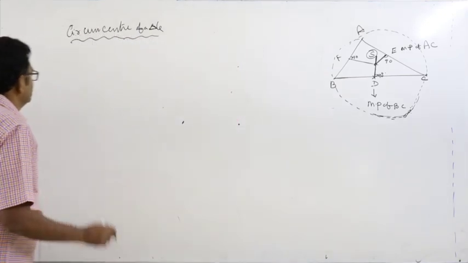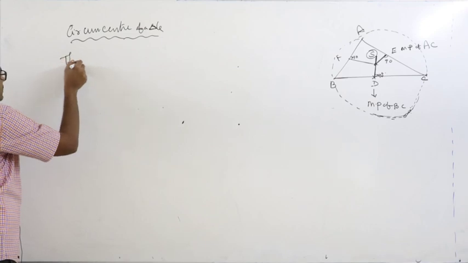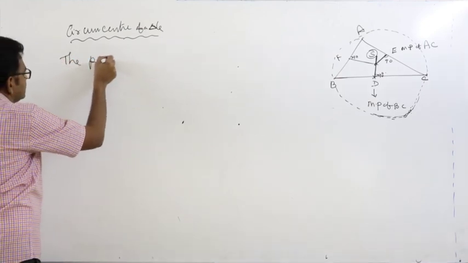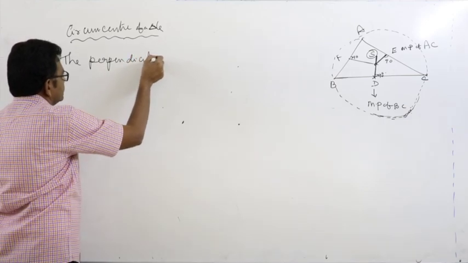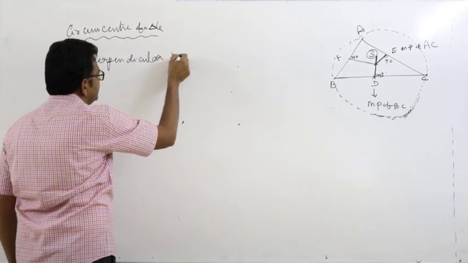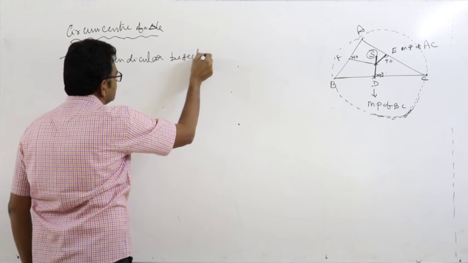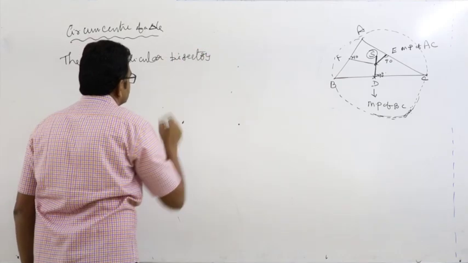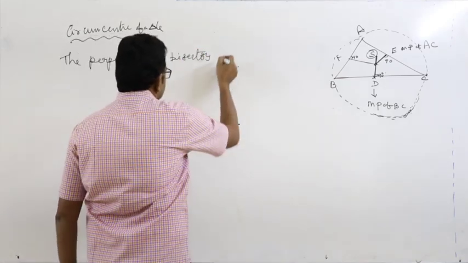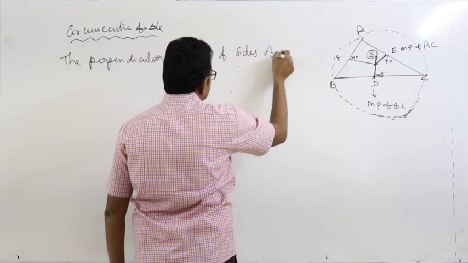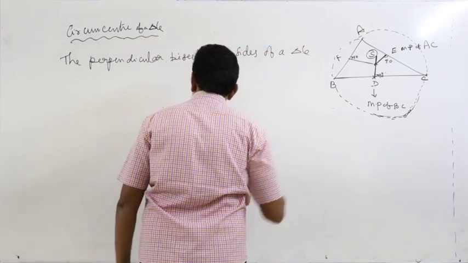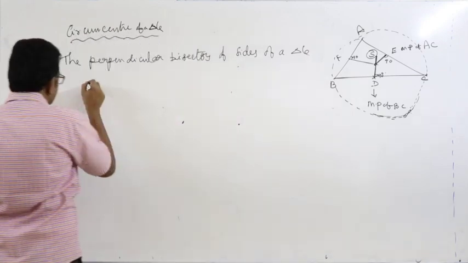Okay, write down: the perpendicular bisectors of the sides of a triangle are concurrent.